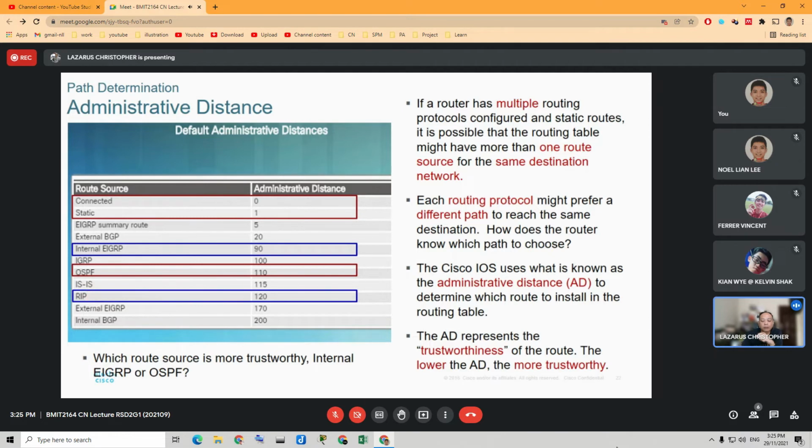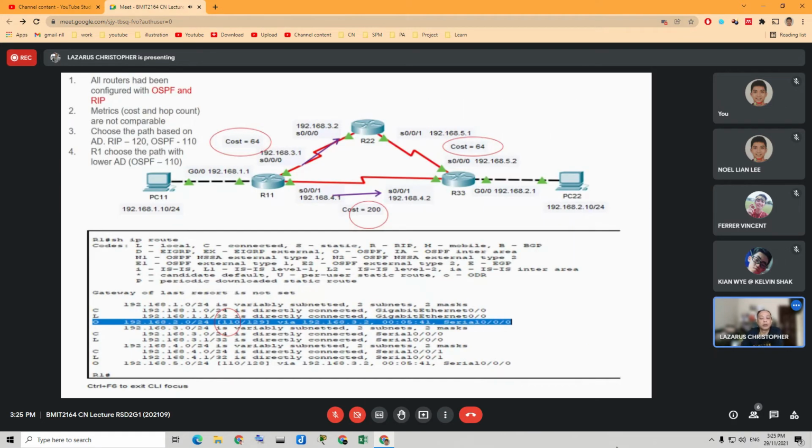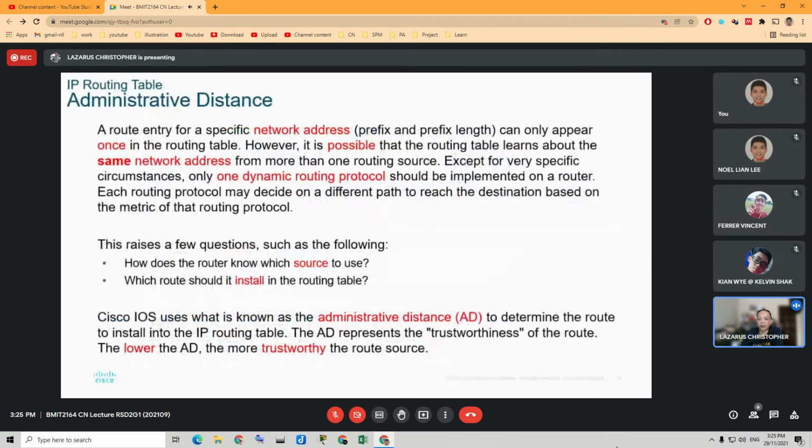The routing protocol between routers. So further on AD information. A route entry for a specific network, prefix and prefix length can only appear once in the routing table, right?